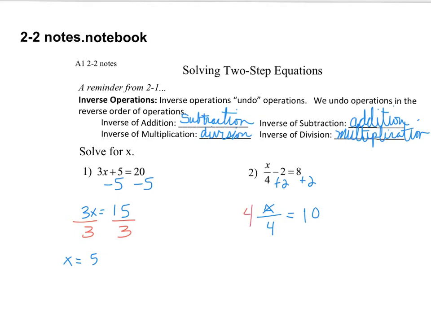So let's multiply each side by 4 with a red pen there, so we can see why we did that. Okay. 4s are going to cancel out, which leaves us with an x isolated all by itself. We have x is equal to 40. All right. That's all there is to it. Let's move on.